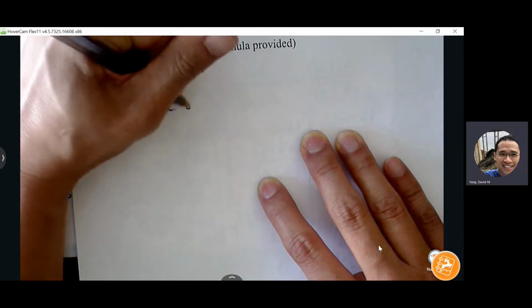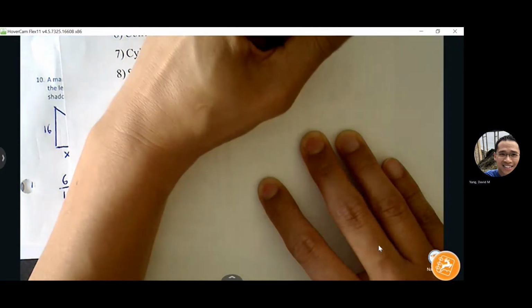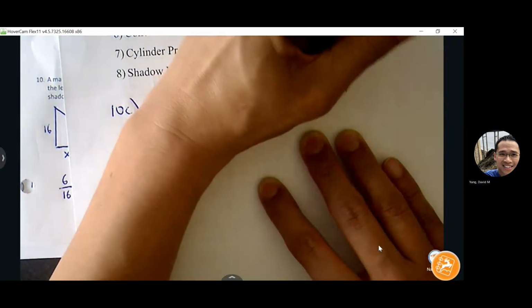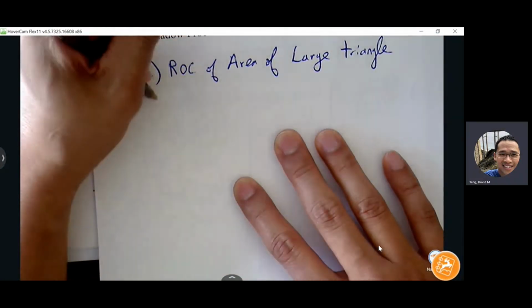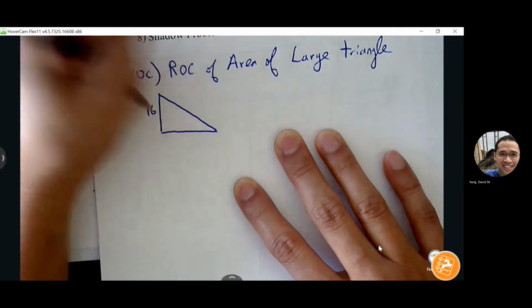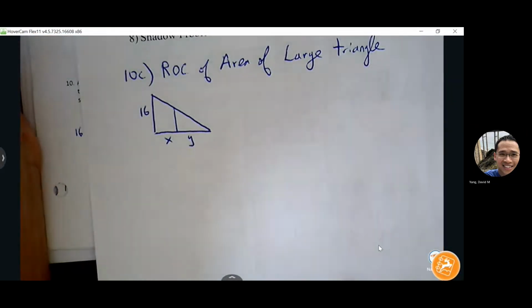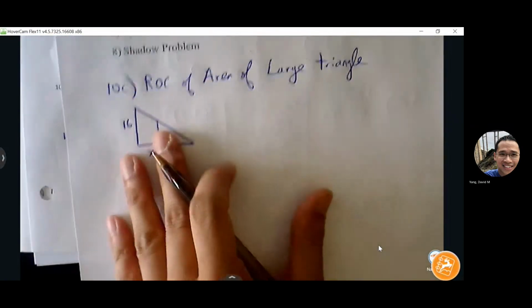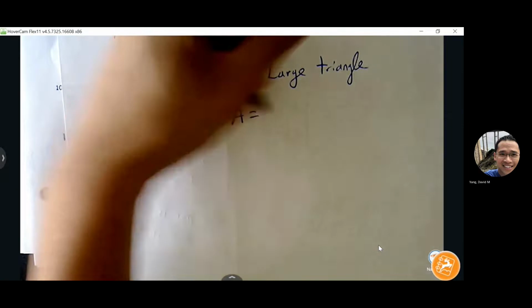What's the rate of change of the area of the large triangle? So let's look at our large triangle here. How do we build the area of a triangle? 1/2 base times height.